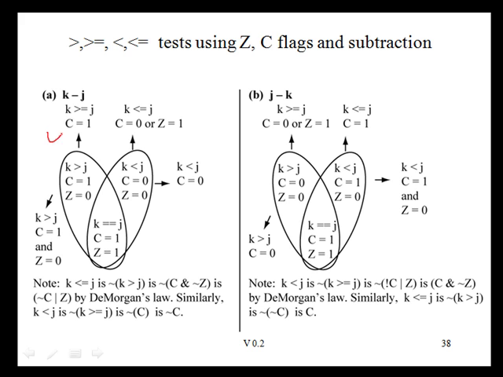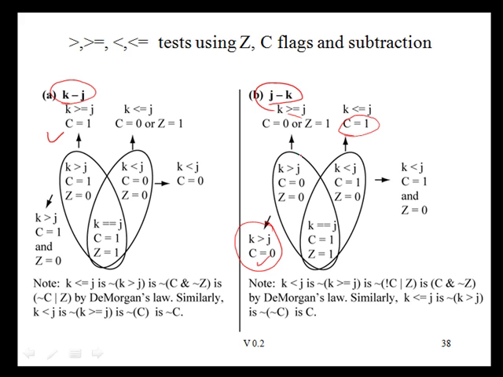For these comparisons and flag results, we did the subtraction k minus j. However, what if we did the reverse subtraction of j minus k? Using similar reasoning, we can derive all of these flag conditions for the various comparisons, and what we discover is that for the k greater than j comparison, all we need to check is the carry flag equal to a 0, and for the k less than or equal to j comparison, all we need to check is the carry flag equal to 1.